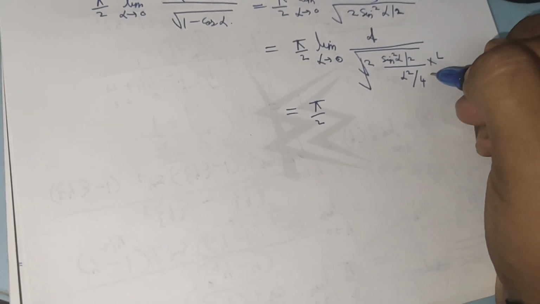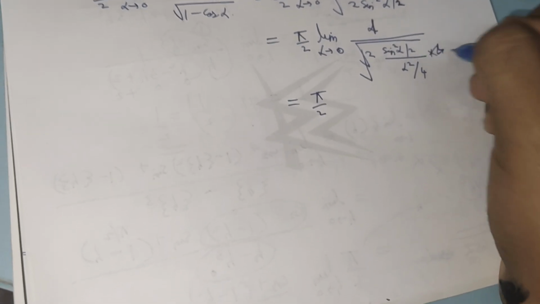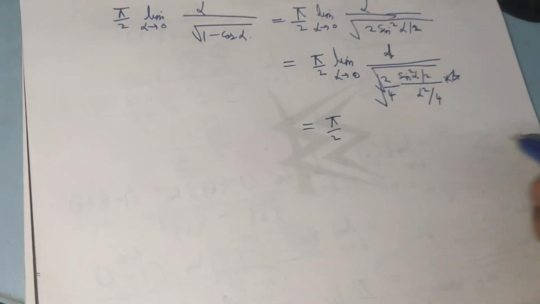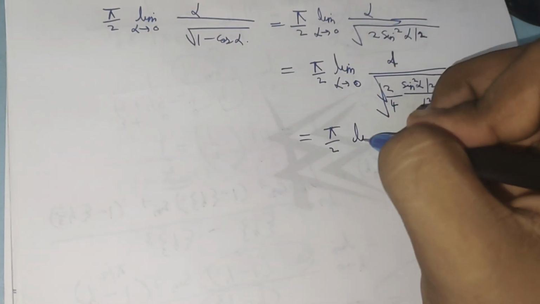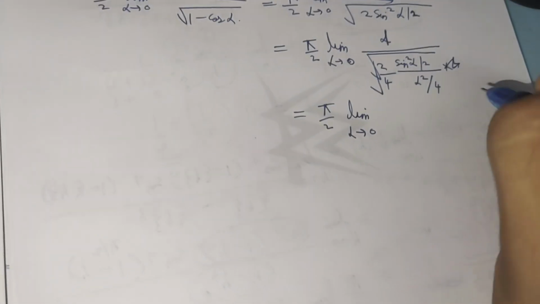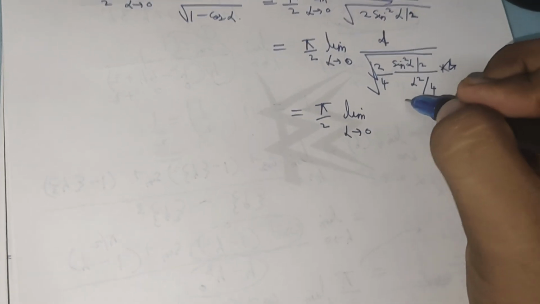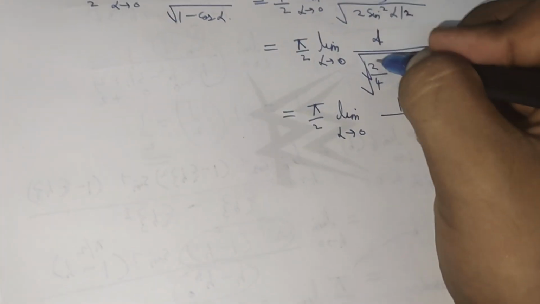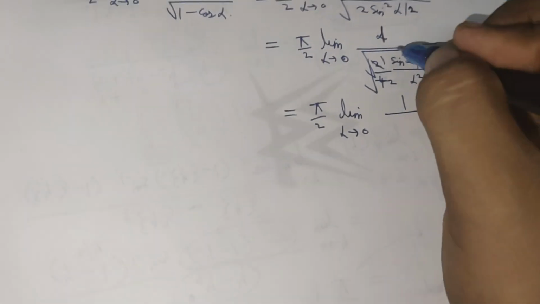If I multiply in the denominator by 4, this will be 2 upon 4. Alright, so pi by 2 limit alpha tends 0, 1 upon, here I will get root of half.